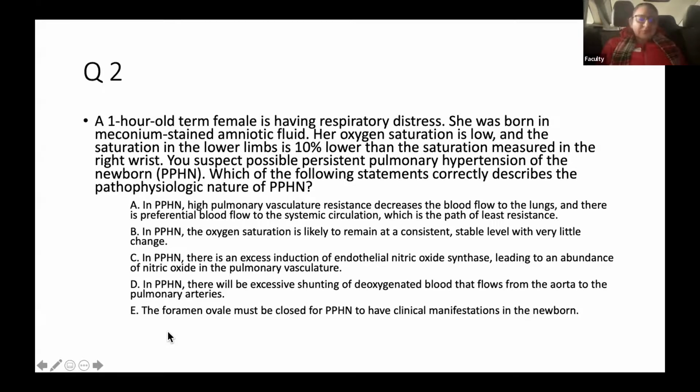And it cannot be B, because there is always a fluctuation of the oxygen saturation, and that's the main way you pick up PPHN in your babies. And of course, it cannot be E. The foramen ovale must be closed for PPHN? Most of the time it will be open, and that's why you will have a right to left shunt, and you will have issues because of the PPHN there. And so is the PDA sometimes, right?